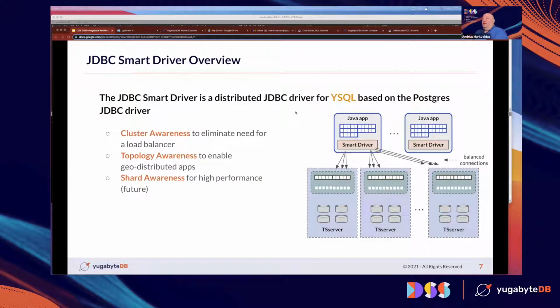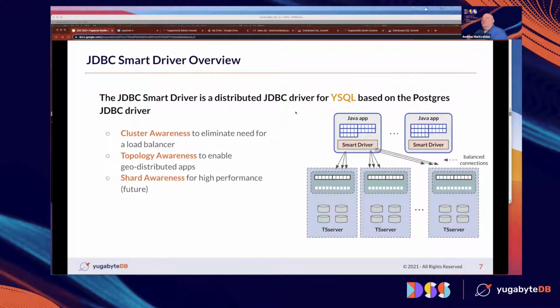So in addition to the Cassandra driver, we also just recently introduced a JDBC smart driver for Yugabyte. Originally, you would just leverage the JDBC driver that Postgres provided for you to connect and run your application against the Yugabyte backend. Taking some of the cues from our Cassandra driver, we wanted to make a driver that was not only cluster aware, but also aware of the topology of the cluster.